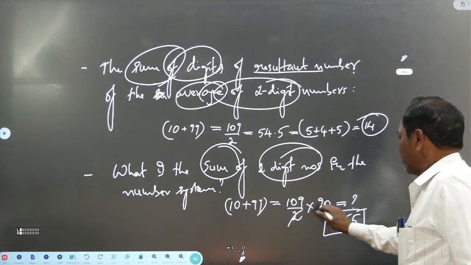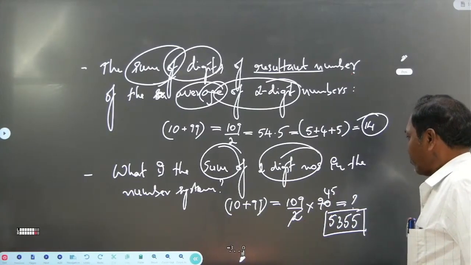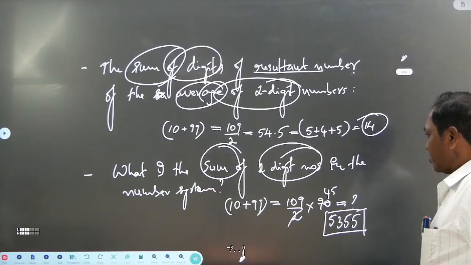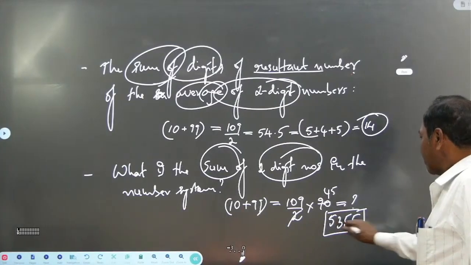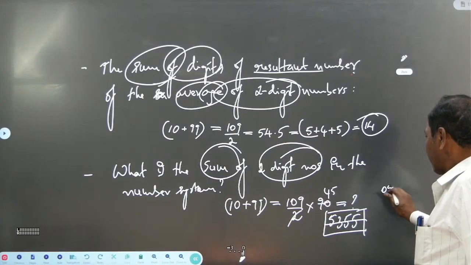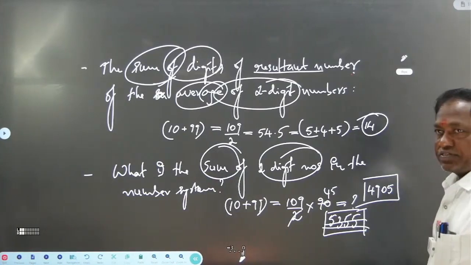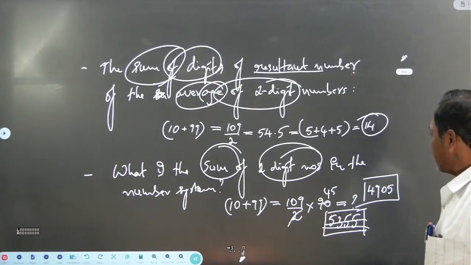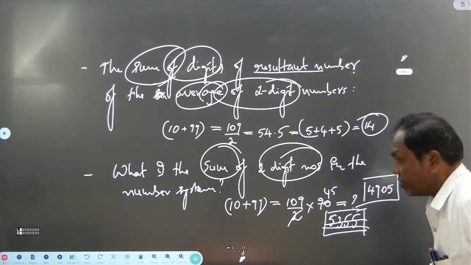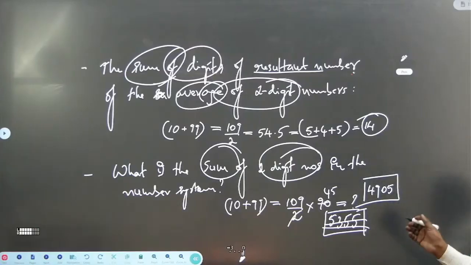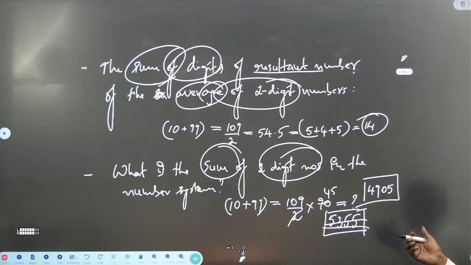See, this is 45, no? 45 into 9, what? 405, yes. So like that, there you can see they may ask, instead of asking the sum of the digits, they may come up tomorrow with how many prime factors are there in the resultant number.